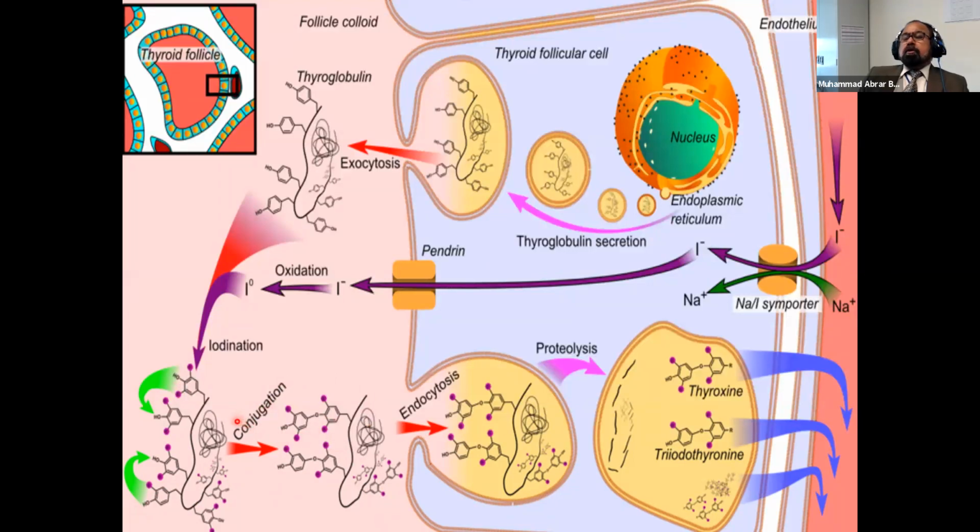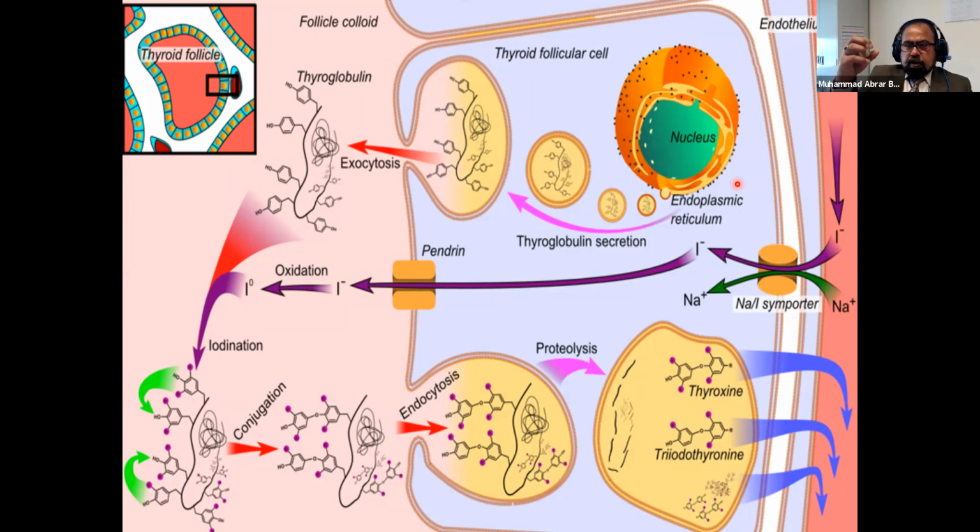Then they wait for the signal of TSH. So TSH is actually controlling the whole thyroid hormone, and when the body needs this hormone to go out and do its function, it attaches to the receptor. As you know, first of all, there is a secretion from the hypothalamus of thyrotropin releasing hormone.